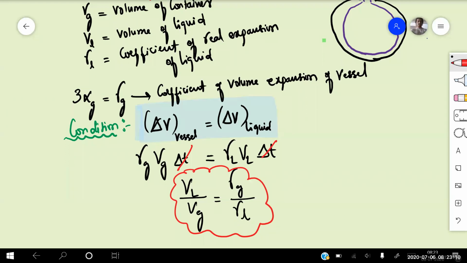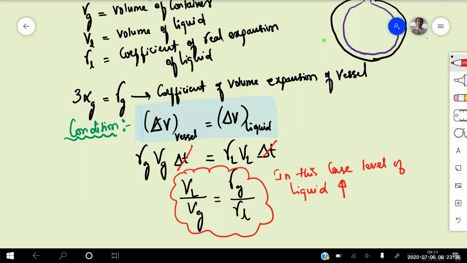So delta V, how do we write? Gamma g into Vg into delta t is equal to gamma of liquid into volume of liquid into delta t. So VL by Vg is equal to gamma g by gamma L. In this case the volume of the liquid will remain constant. In this case the level of liquid increases.